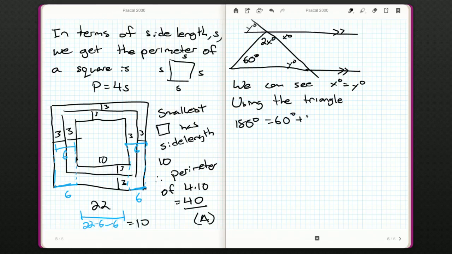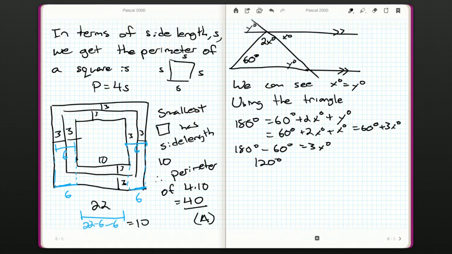So that's 60 degrees plus 2x degrees plus y degrees, but y is x degrees. So 60 degrees plus 3x degrees. So if we rearrange this equation, we get 3x degrees is 180 degrees minus 60 degrees.